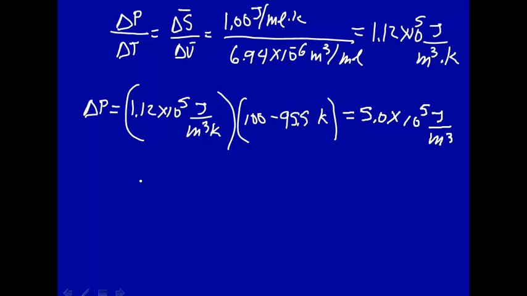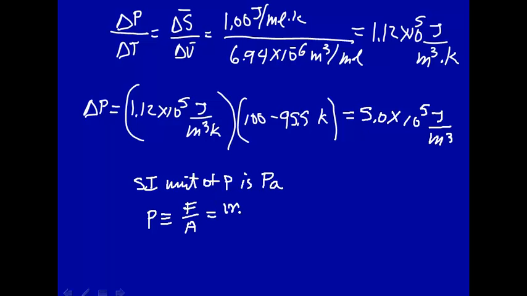The SI unit of pressure is the Pascal. Let's just figure out in fundamental units what the unit of pressure is. Pressure is defined as force per unit area, and force is mass times acceleration, over area. This will be the mass times, say, delta x over delta t squared, divided by area.